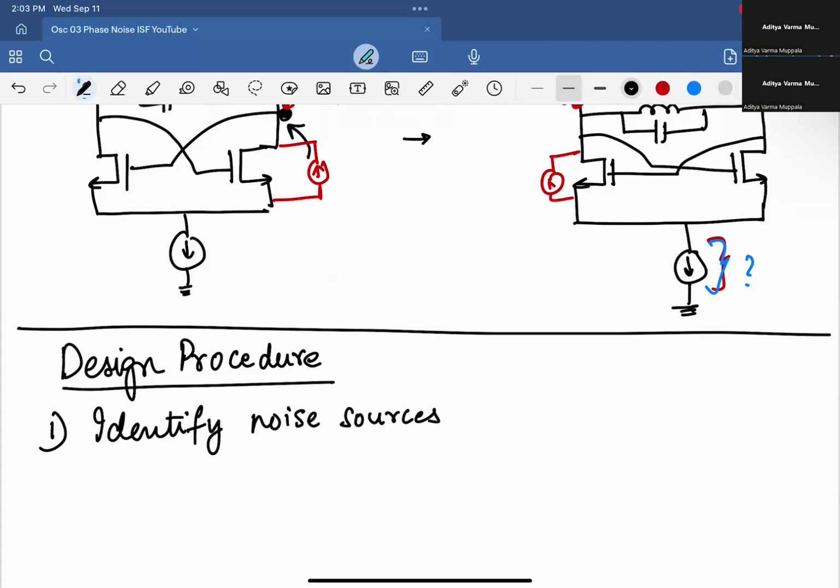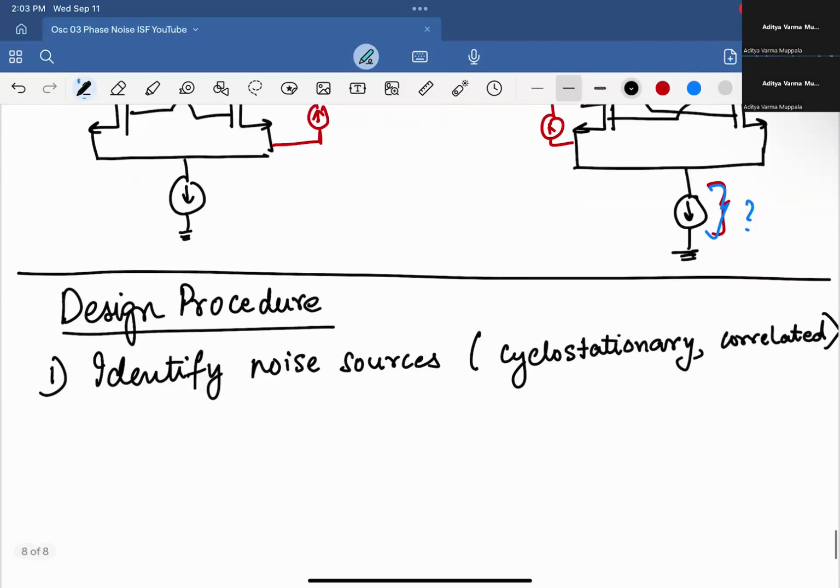All the capacitances may have some loss, inductors may have some loss, then transistors have flicker noise, shot noise, etc., and so on. So you identify all of them. And you also need to be careful about cyclostationary noise sources and correlated noise sources. So sometimes noise sources can be correlated. We'll look at noise models maybe later, but you have to keep track of all of that stuff.